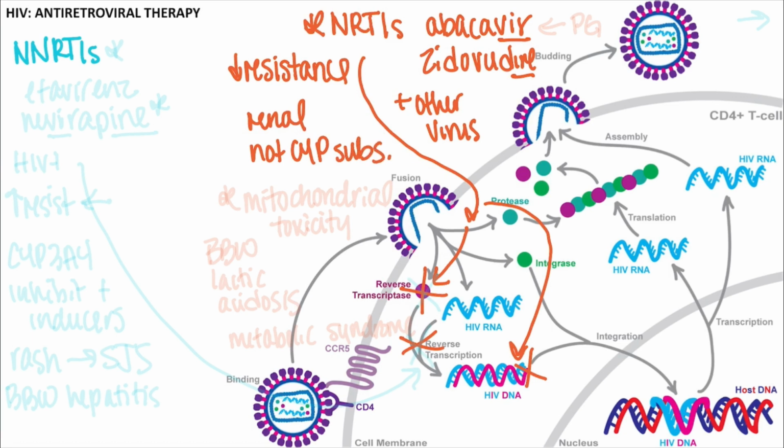As for toxicity, this is really going to depend upon how selective these agents are for HIV reverse transcriptase versus host DNA polymerases, specifically polymerase gamma, which is a mitochondrial enzyme, and the one we are most concerned about inhibiting with these agents. So for those agents that are capable of inhibiting polymerase gamma, there is going to be a risk of mitochondrial toxicity.